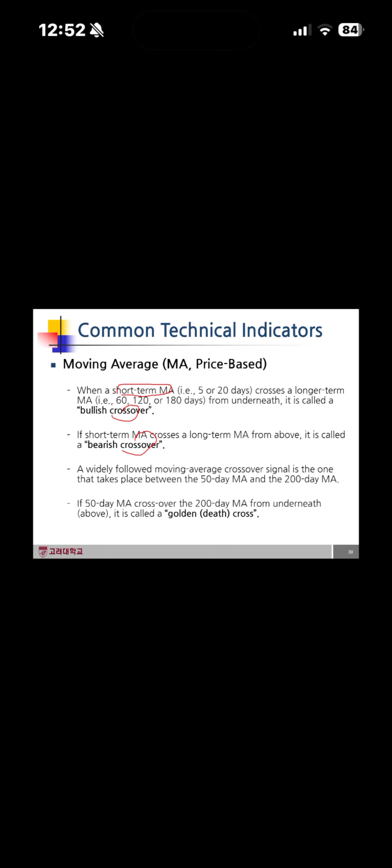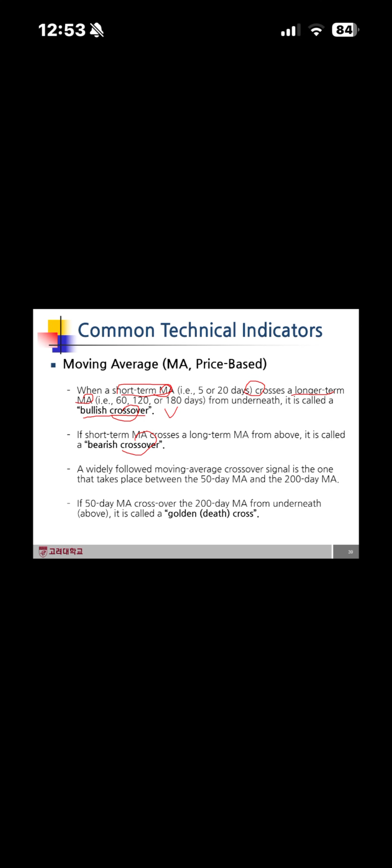When a short-term moving average crosses above a longer-term moving average, such as the 60-day or 120-day moving average, this is called a bullish crossover. It signals a good timing to buy the stock.